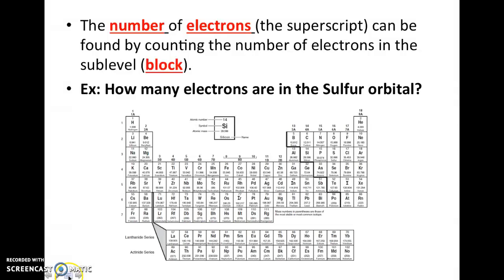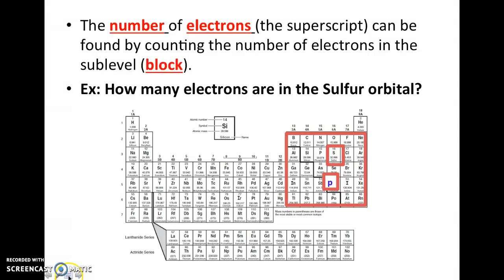The last part of my electron configuration, the number of electrons, or the superscript, can be found by counting the number of elements in the sublevel. So we had to find our element, sulfur, and we had to find the block, it's in the P block. When we're counting across, we're counting the number of elements that it takes to get there.